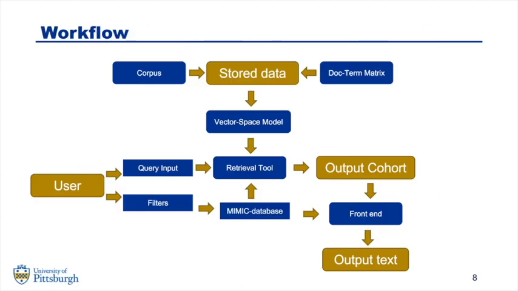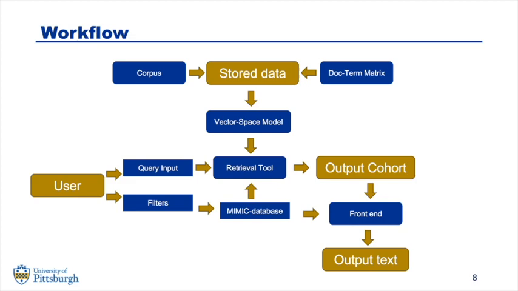So here's the overall workflow. We begin at the bottom left with a user that gives both an input for the retrieval tool to use and a set of filters, which are formatted into a query, which is given to the database to give a subset of the row IDs of the discharge notes to make the search faster.